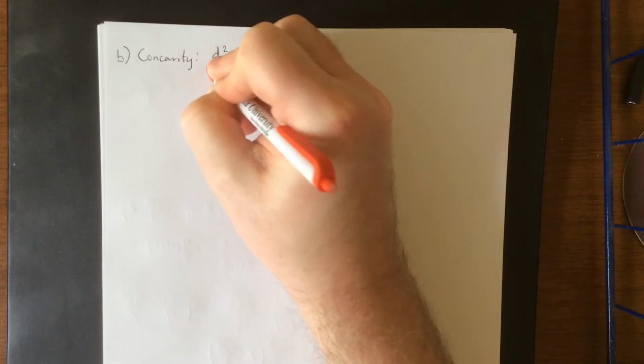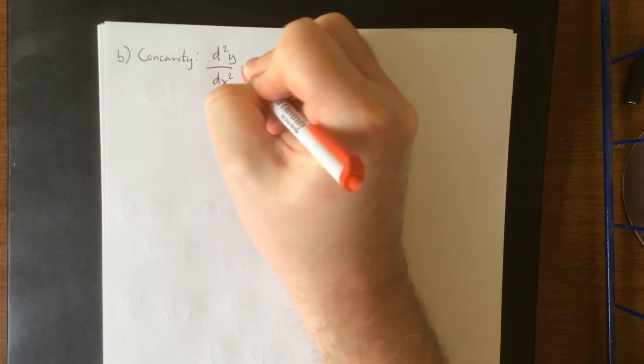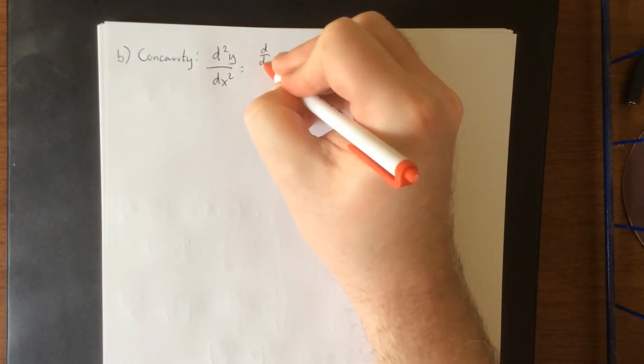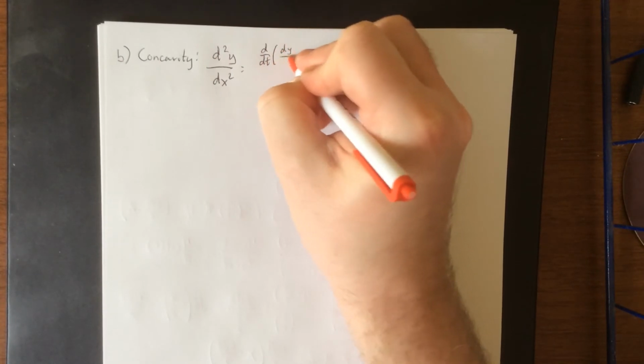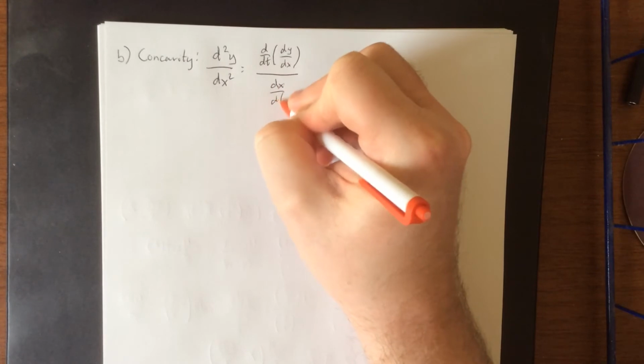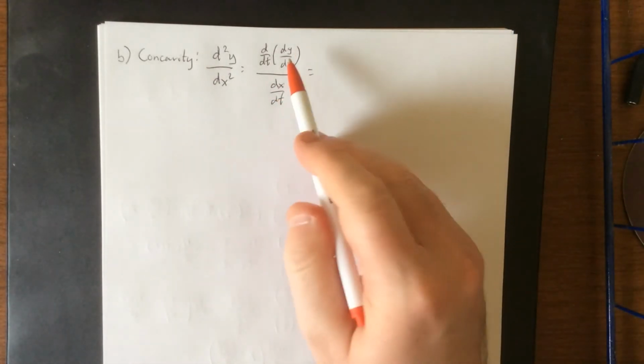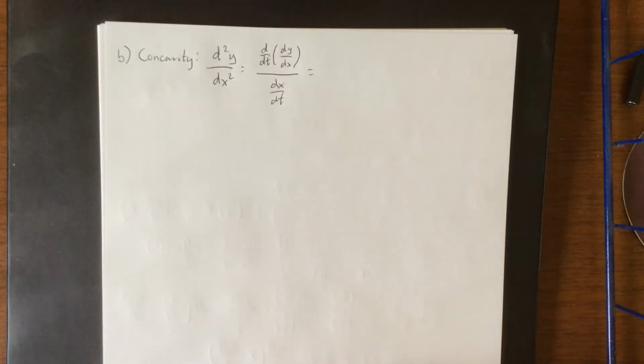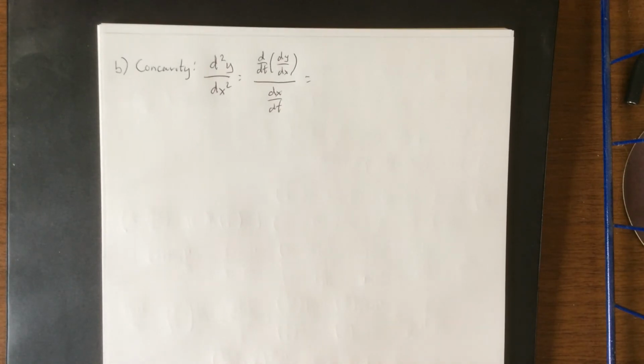In our last video, we said that d squared y over dx squared is going to be equal to the derivative with respect to t of whatever we got for dy dx divided by dx dt. Now, these were done on the other page, so once again, little reminder.